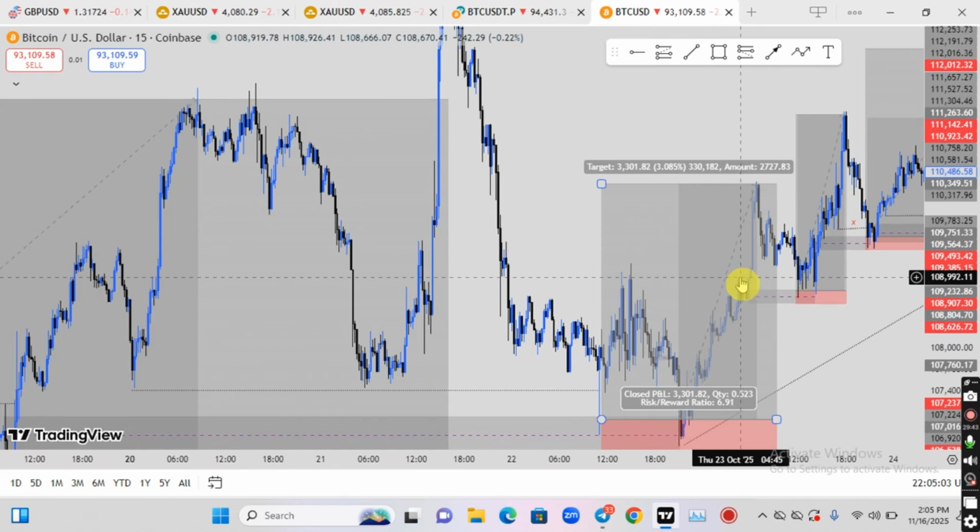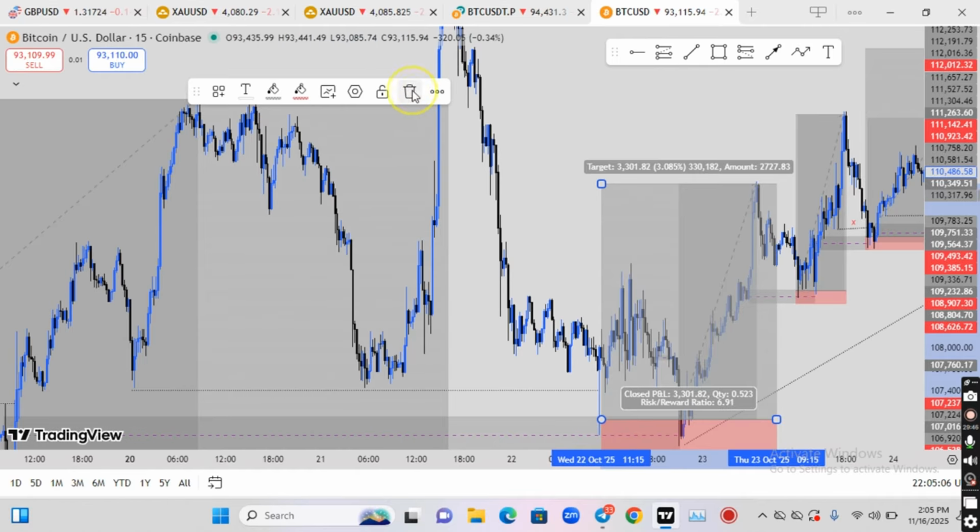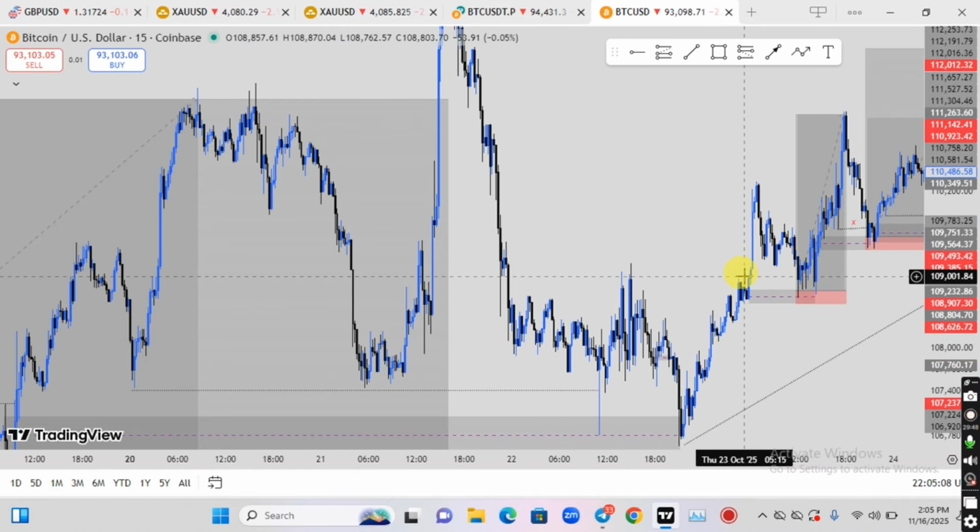Same thing here. I'm having a break of structure in this zone here. I'll make a break of structure in this zone here.